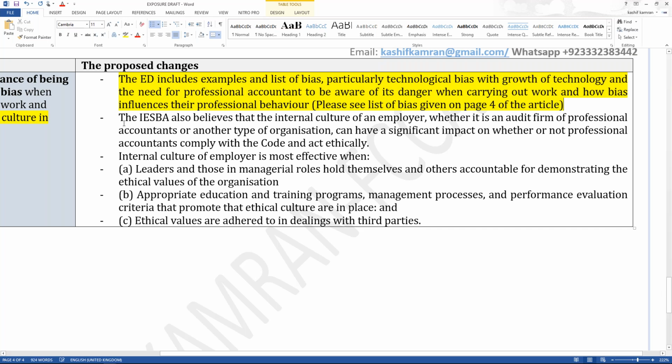Number two, the IESBA also believe that the internal culture of an employer, whether it is an audit firm of a professional accountant or whether it is another type of organization where a professional accountant is working, can have a significant impact on whether or not the professional accountant complies with the code of conduct. So, internal culture of an employer, look at this line. This is such an important line.